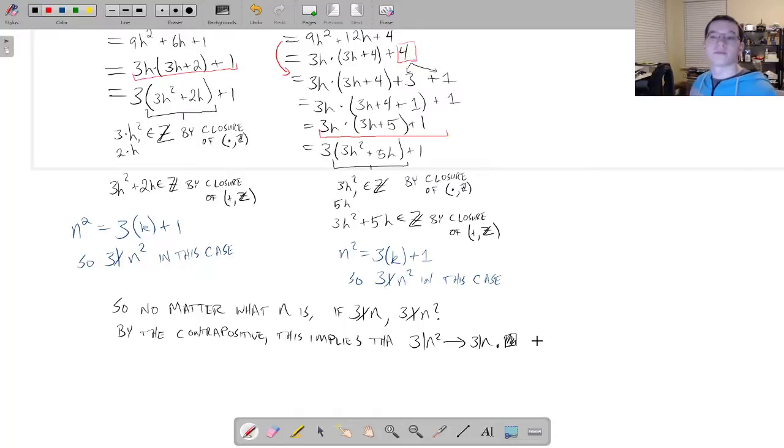So we have just proven that any square number that has a factor of 3 has a factor that is a multiple of 3.